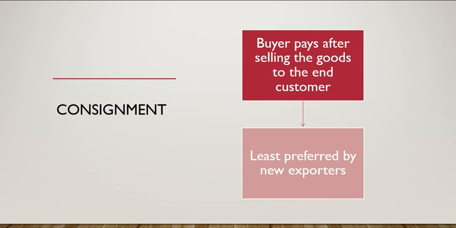Once you have done the exports on the advance payment method, it is better to send the documents through the bank, or you can send them directly to the buyer. But if it is a partial advance payment, say anything up to 50% of advance payment, it is better to send him only the scanned copy of the bill of lading, so that he cannot use those documents to take his products.